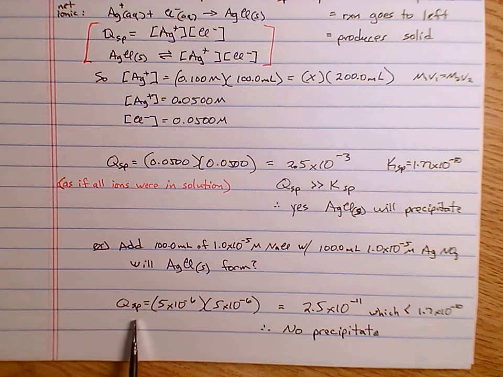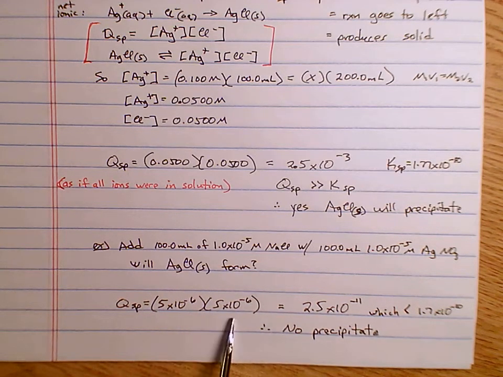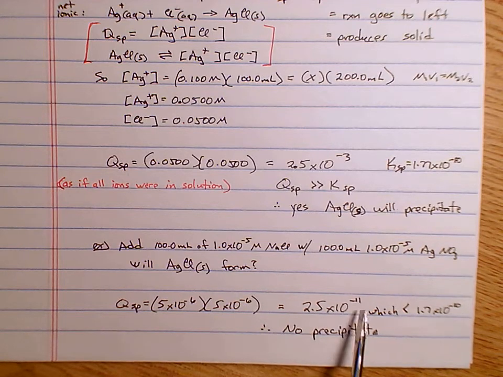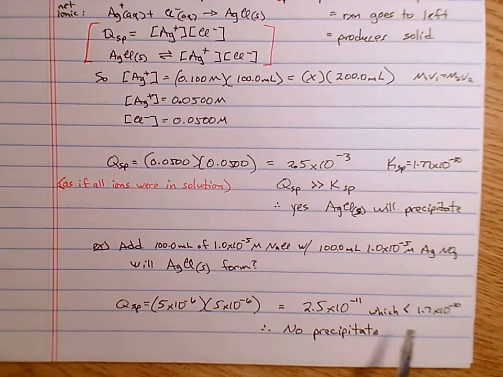Well, let's calculate the QSP. Here, our concentration of ions is so small that QSP is 2.5 times 10 to the minus 11th, which is smaller than the KSP of 1.77 times 10 to the minus 10th. Therefore, you will not get a precipitate.